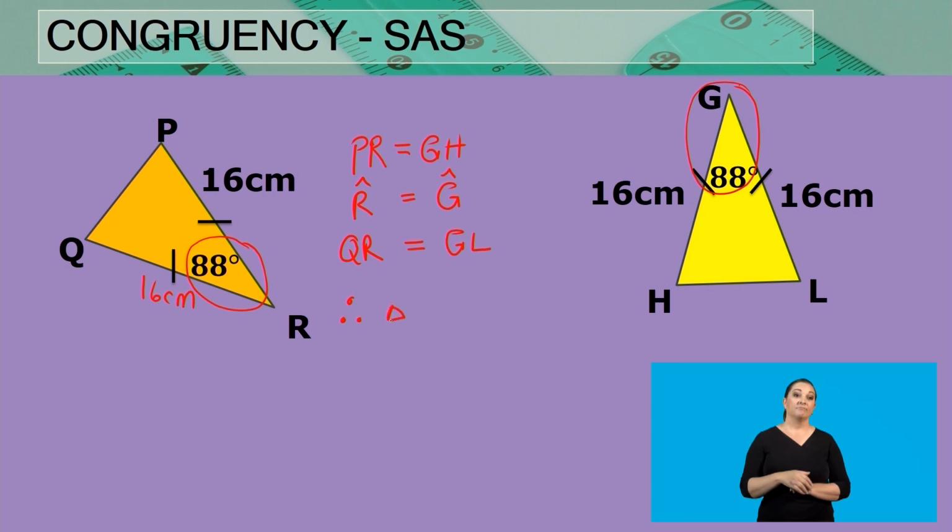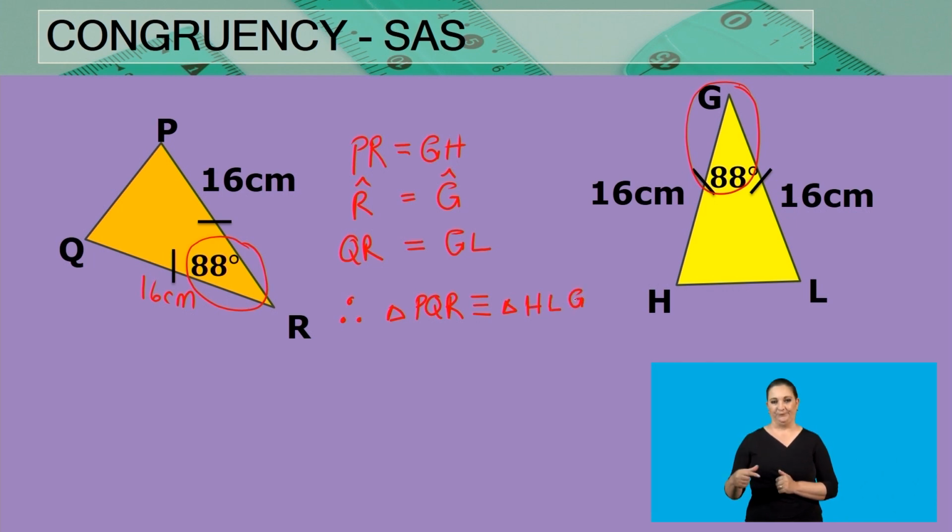It means that triangle PQR will be congruent to triangle HLG. And those are the two triangles that are congruent.